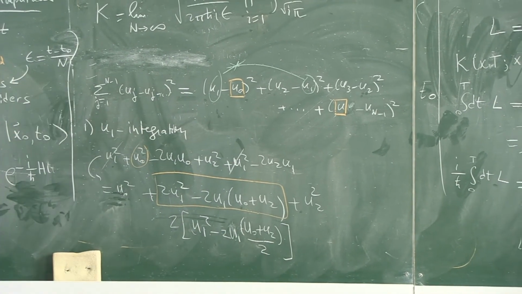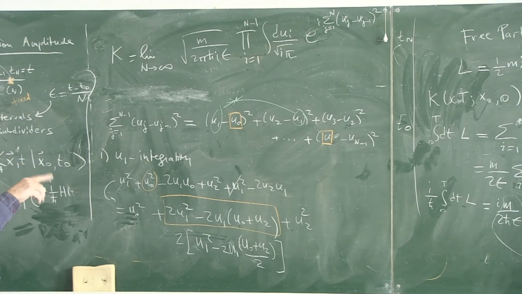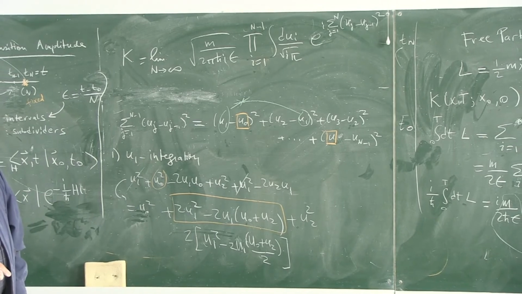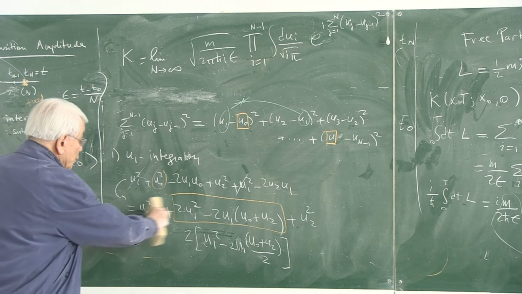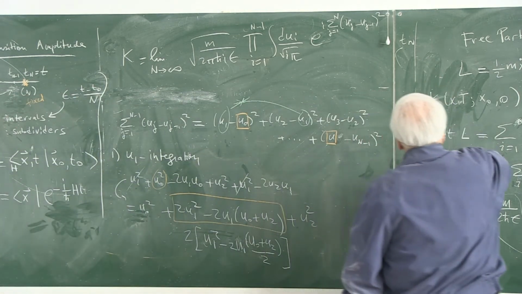Okay. Is it so? Indeed so. If I write it as u1 minus that combination squared, then I have to compensate with additional terms. Let me do it. So this is something I am carrying over. Let me not forget what I have there.